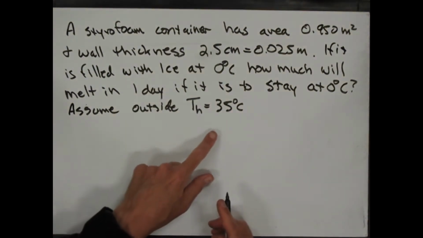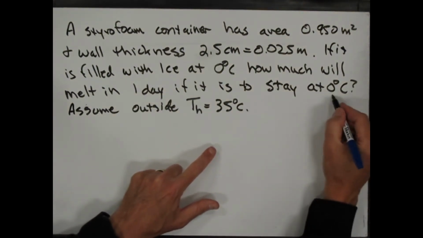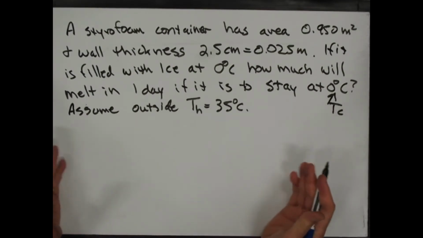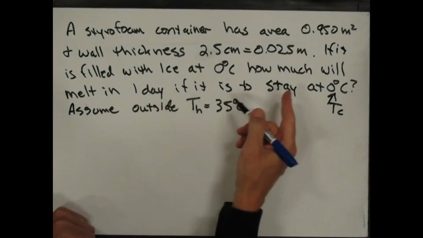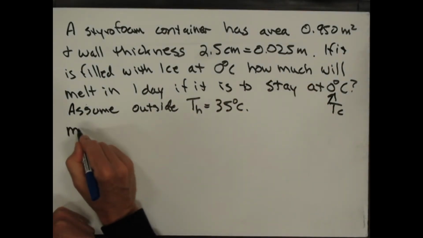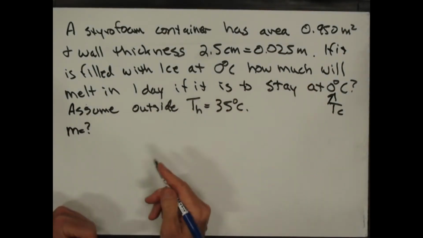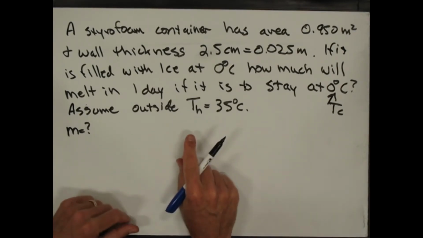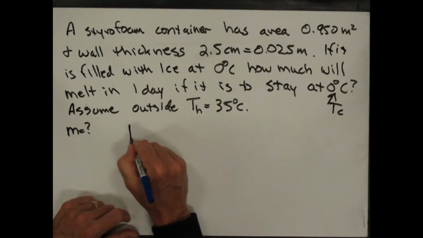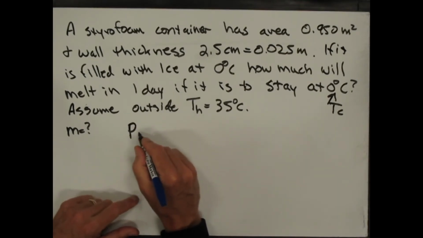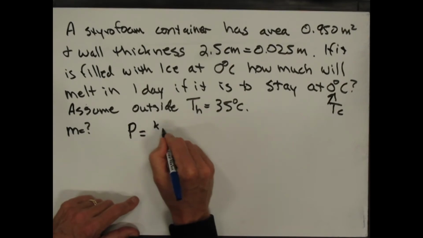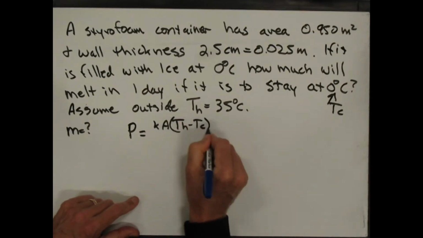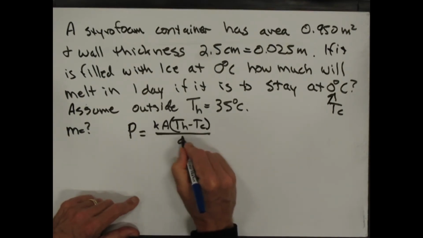we're going to assume the outside temperature is 35 degrees Celsius, and that of course means this is T cold. And what we're really after is how much ice will melt, and so we're looking for a mass. And this is weird because we haven't really talked about this in terms of this section we've been talking about on power, right? What we have for power, this is a heat conduction problem, is power is equal to Ka times T hot minus T cold over the distance, right?